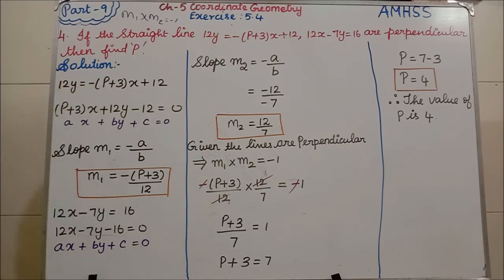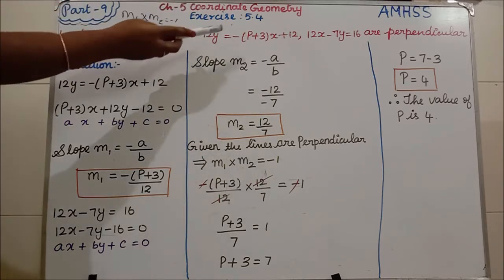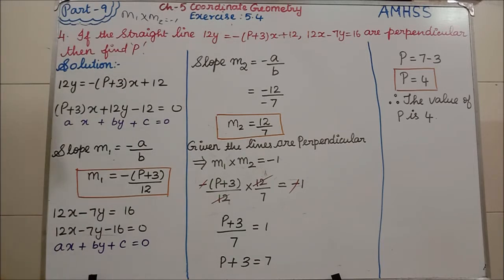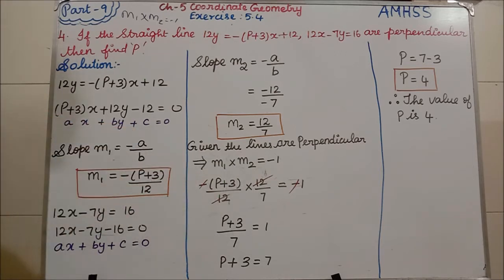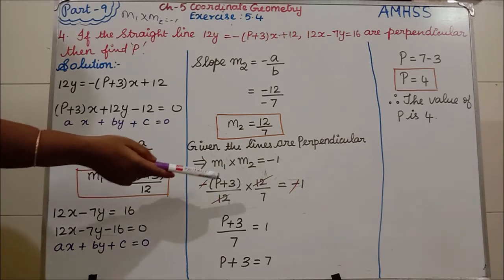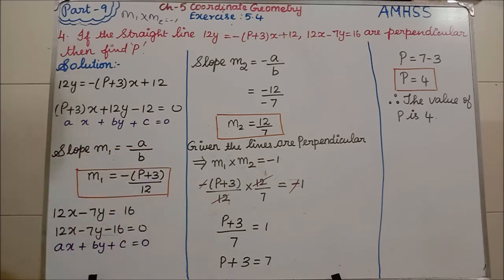Clear, students? Since the lines are perpendicular, as they themselves have given in the question, this line and that line are perpendicular. So, perpendicular means we know the formula m1 into m2 is equal to minus 1. The m1 value we have got is minus p plus 3 divided by 12, into the m2 value, 12 by 7, equal to minus 1.